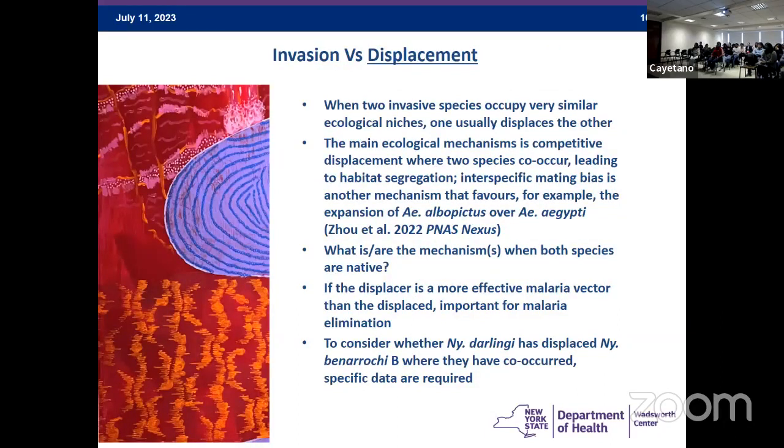So if the displacer, in our case Darlingi, is more effective at transmitting malaria than a species that's being displaced, we should care about it more, because we're going to have better, more efficient malaria vectors in lots of places if they keep on displacing and replacing the species that are in a similar niche but not as good at transmitting malaria. So we need to get some data next.